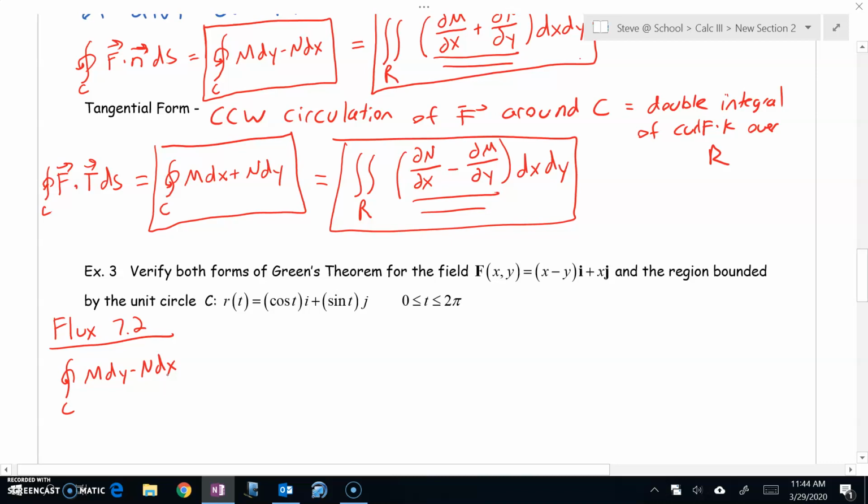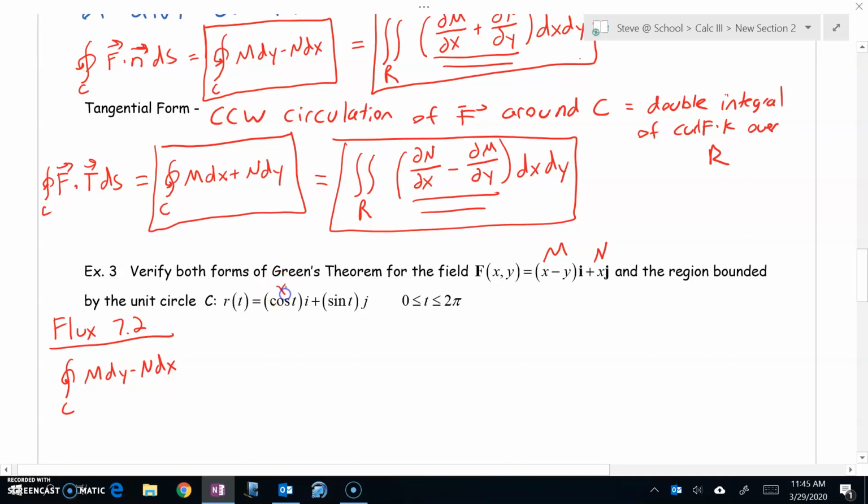So now we have to parameterize this curve. Well, it is parameterized for us. Oh, nope, that's a lie. I didn't read the whole problem. M and N are for the field always. They're the components of the field, the vector field.